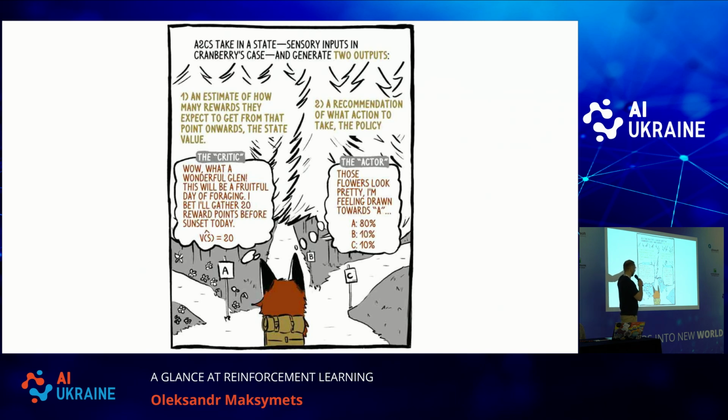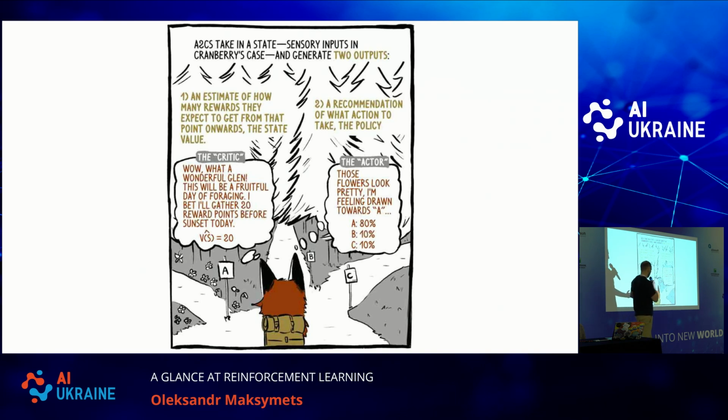For example, for this particular choice, it will say, okay, it looks normal, I think I will get like 20 reward. It's based on the model prediction, it assigned this number. And then there is another output from the algorithm, a recommendation of what actual action to use. This is the policy.